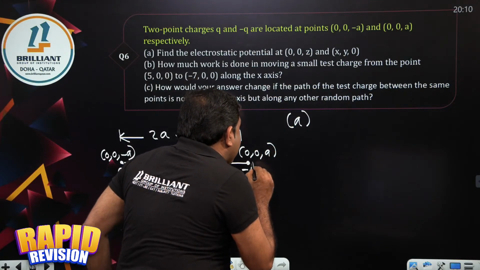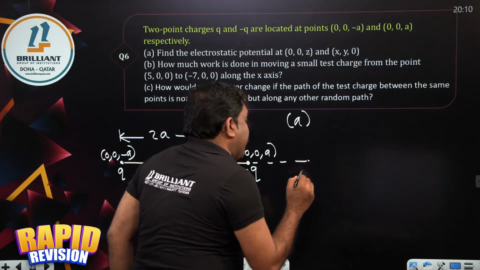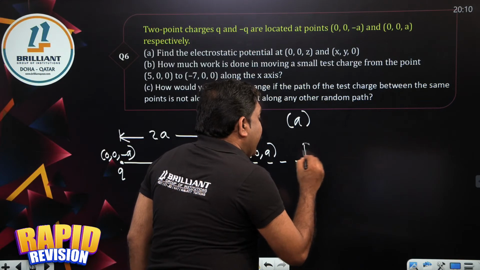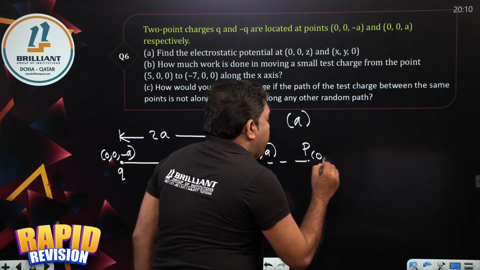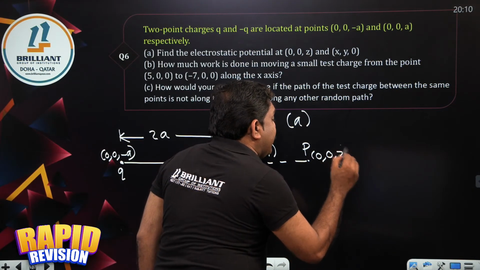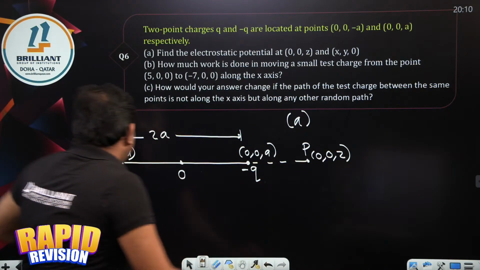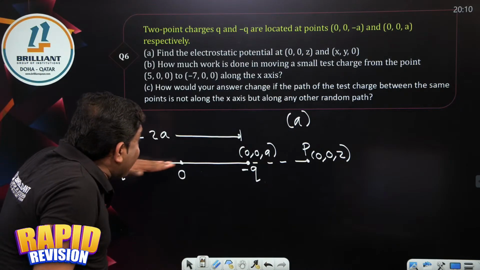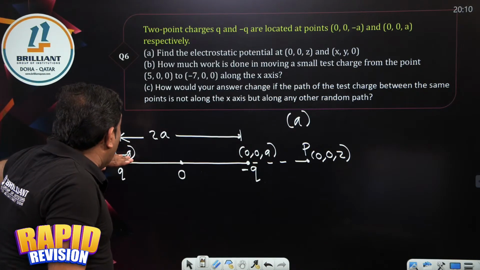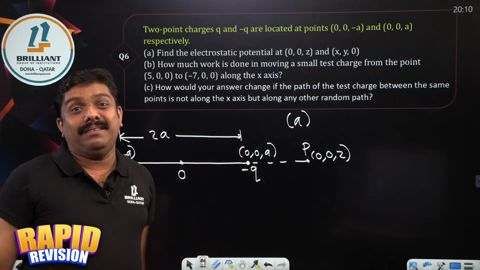And your point is also on it. Suppose I am marking the point P here, with coordinates (0, 0, Z). So this point P is along the Z axis, or we can say along the axis of the dipole.